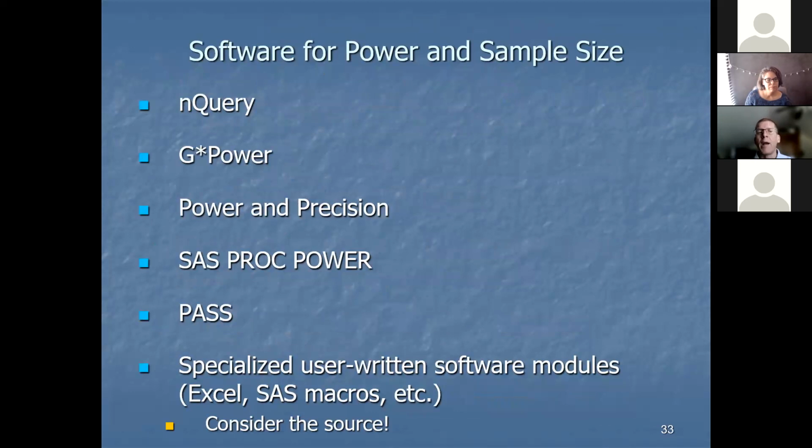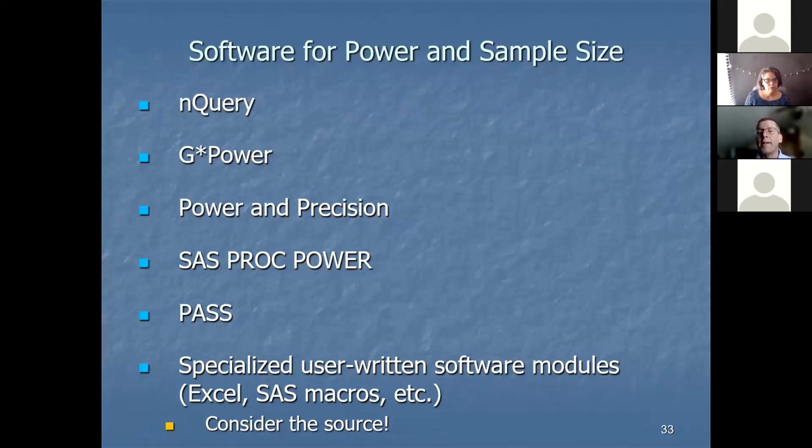The reason I want to focus on that here is, first of all, that it is available to us here at UNC. We can either install that locally on our computer, or we can access that through the virtual lab. So if you go to virtual lab, all one word, .unc.edu, and you log in with your Onyen, nQuery is one of the software packages that you can run through the virtual lab.